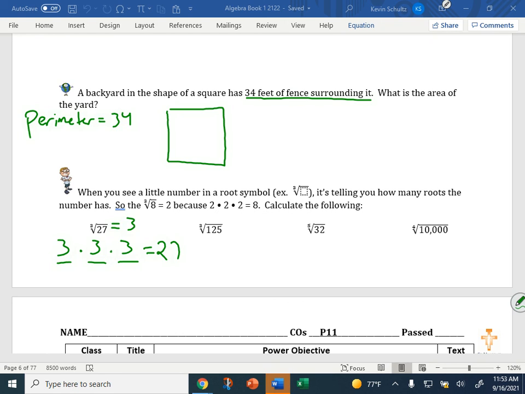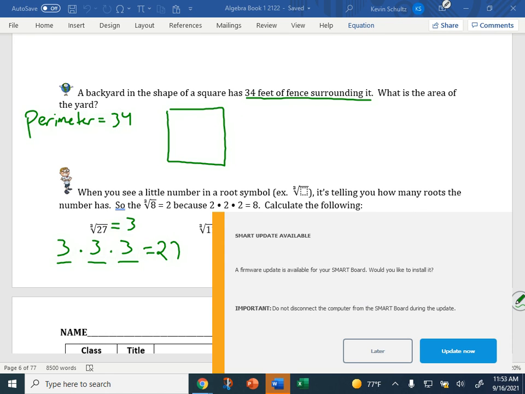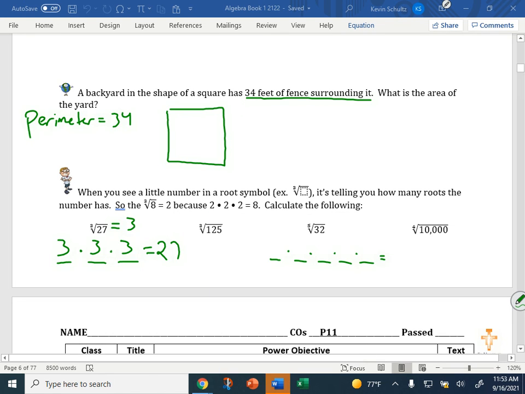The fifth root of 32 means that we've got 5 roots now. Nope, we'll do that later. So what number times itself equals 32? 5 of what number all multiplied together make 32? 2, right?